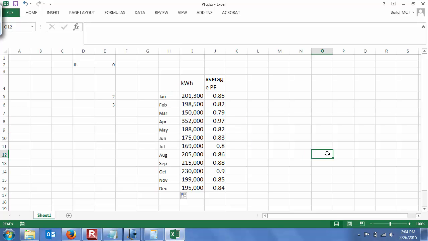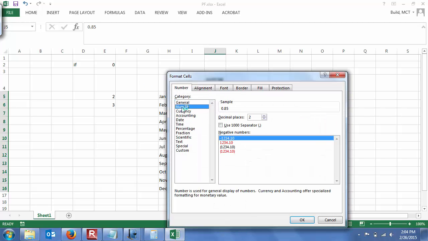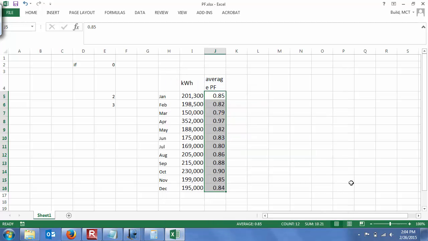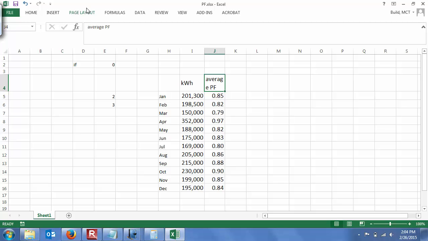Come on, baby. 2 decimal places. That looks junky.